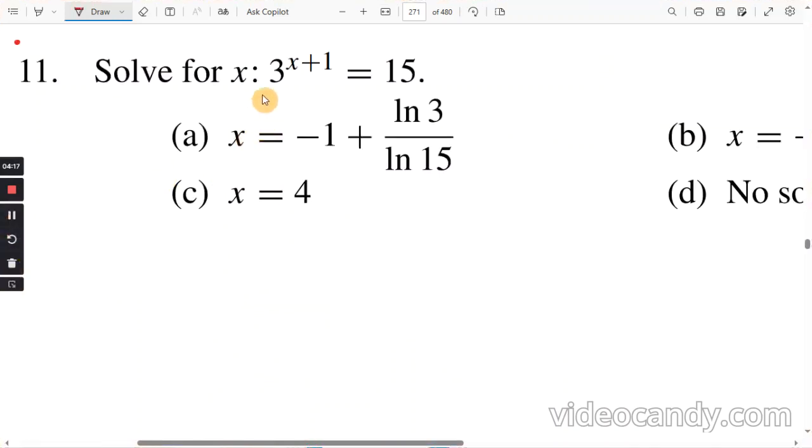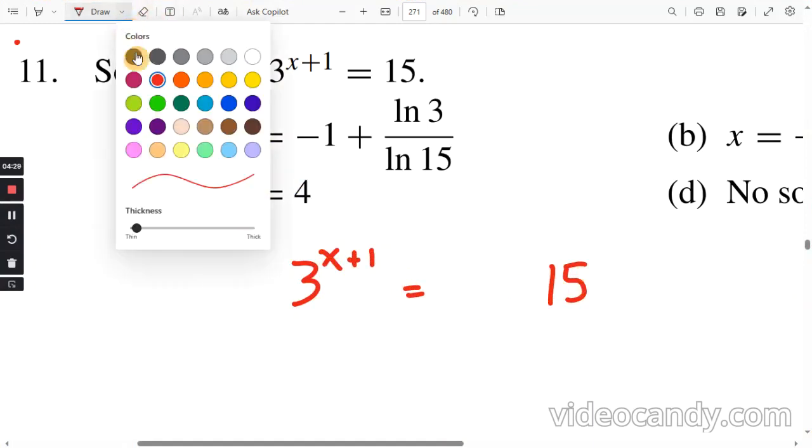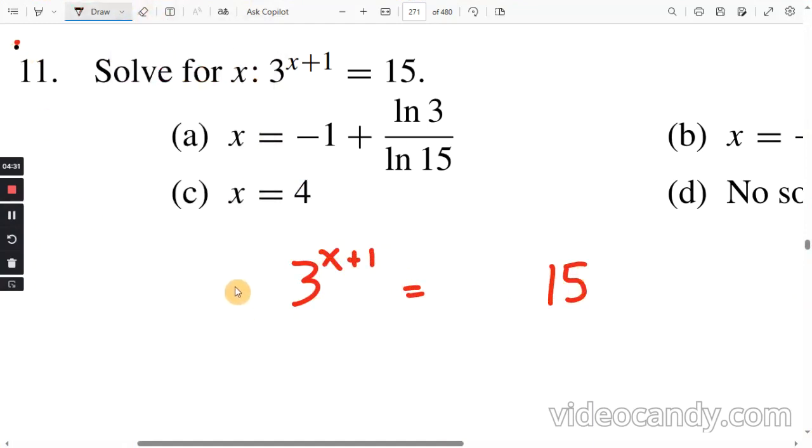Number 11, solve for x. 3 to the x plus 1 equals 15. Now, you can definitely do the log on both sides. If you want to do it that way, that's fine.